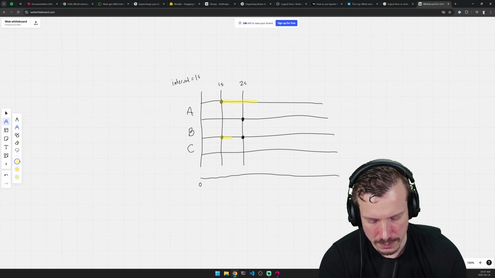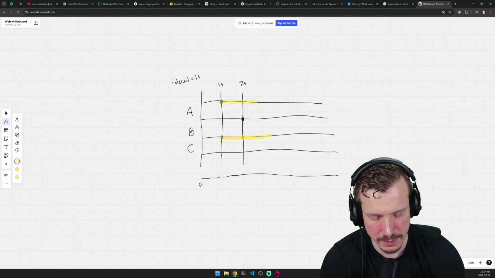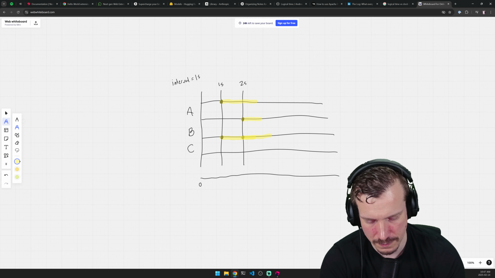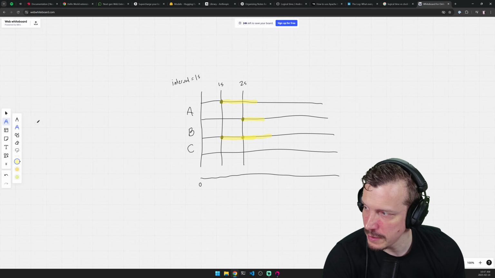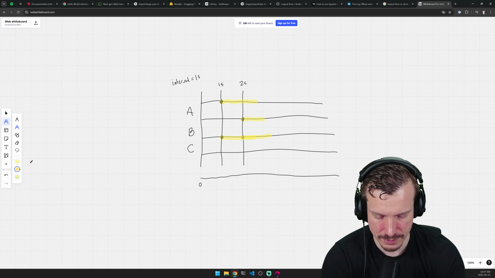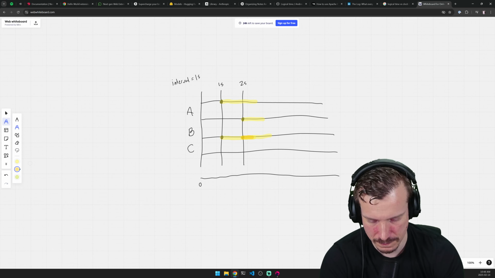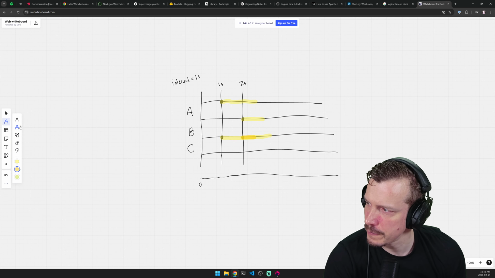So an error would occur if this event, I don't know if the highlight's going to work. No, it's not. But like this would be an interesting situation where this C event, and maybe I can do this. Like that.